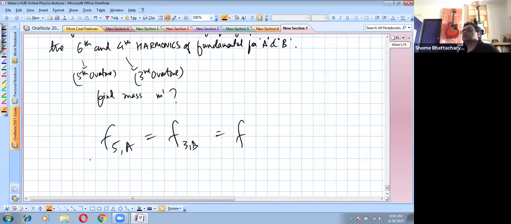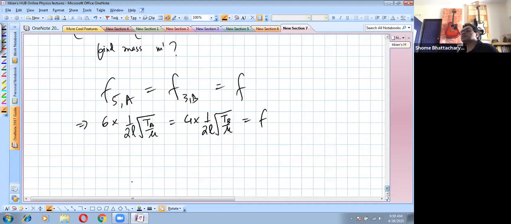So from this relationship, 6 times 1 by 2L square root of TA by mu should be equal to 4 times 1 by 2L square root of TB by mu, because everything else is identical. Length is the same. Only the tension is varying because the mass is not symmetrically distributed. Otherwise, they are identical strings.